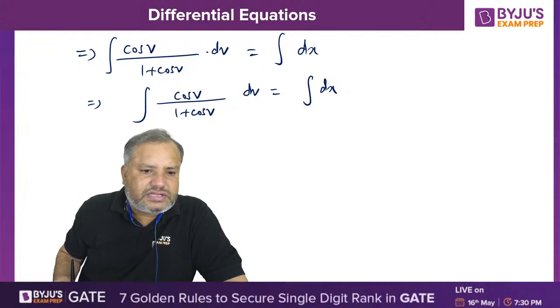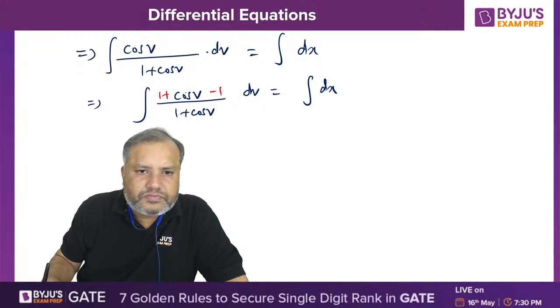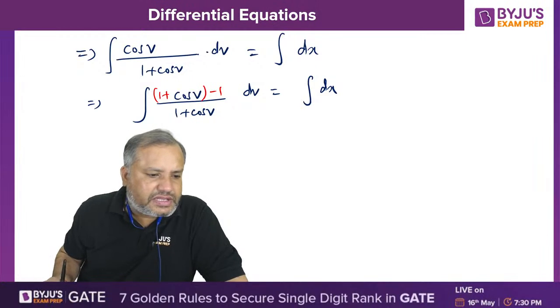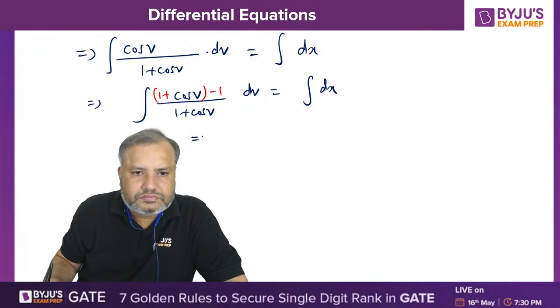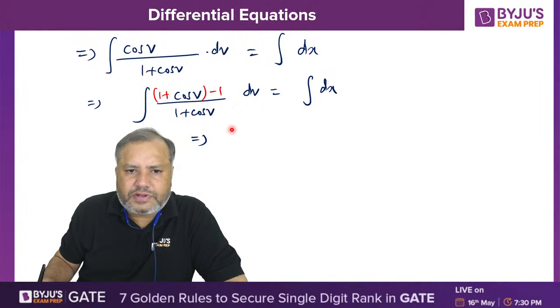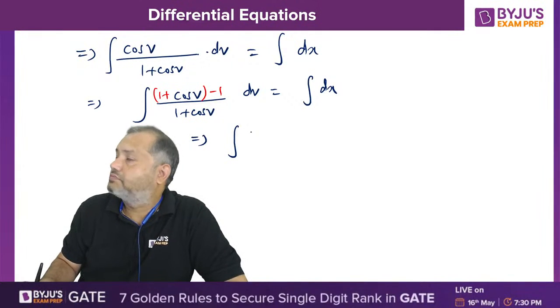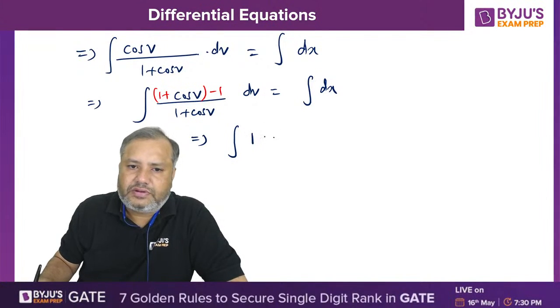I am adding 1 and subtracting 1 in the numerator. Then I am separating the terms now. So 1 plus cos v upon 1 plus cos v, that will be 1.